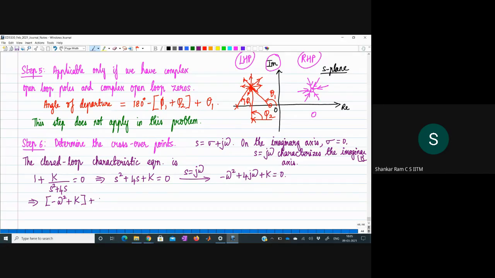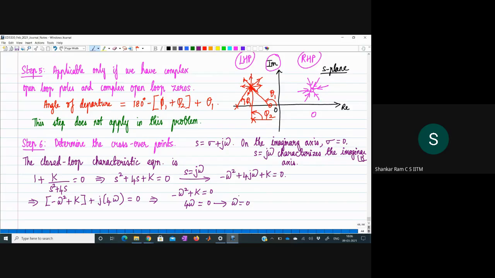If a complex variable is 0, the real part should be 0 and the imaginary part should also be 0. So we segregate the real part and the imaginary part, and both should individually be 0. The real part is minus omega squared plus k equals 0. The imaginary part is 4 omega equals 0, which gives us omega equals 0 as the only solution.